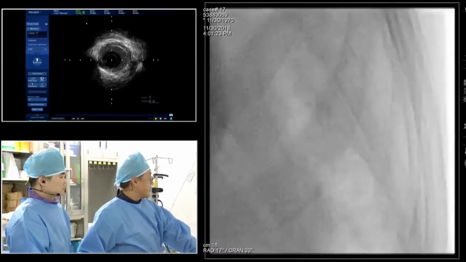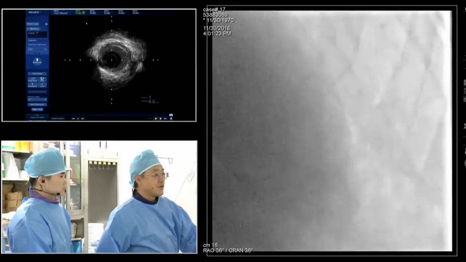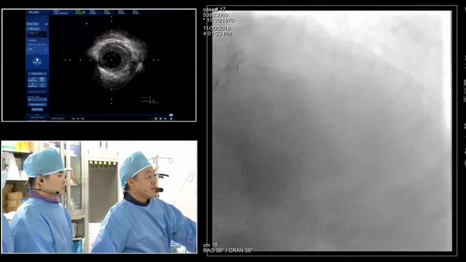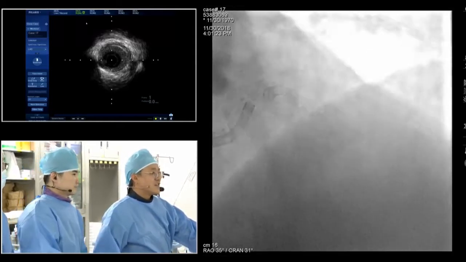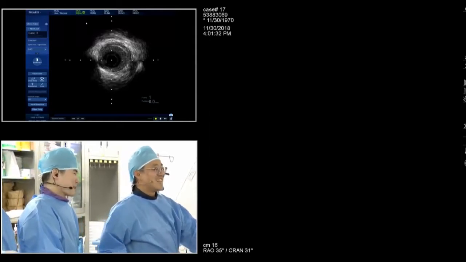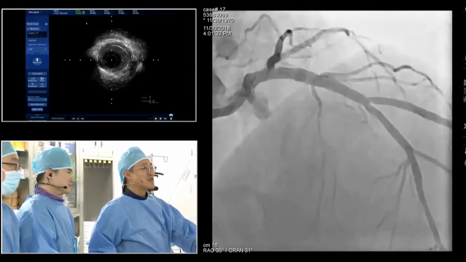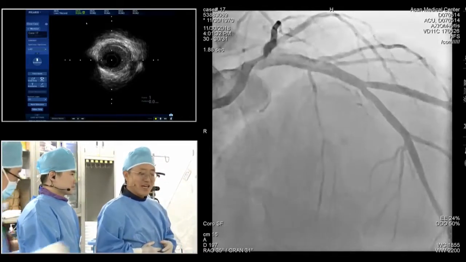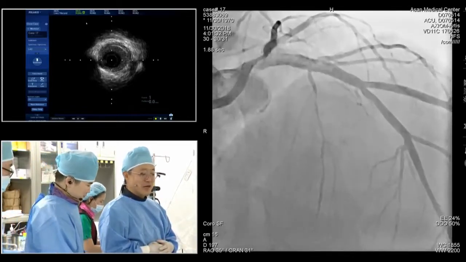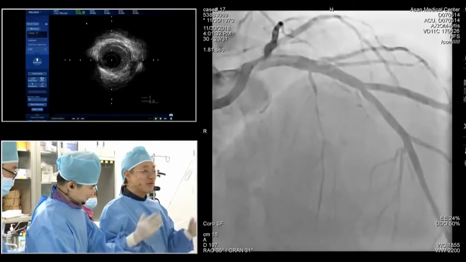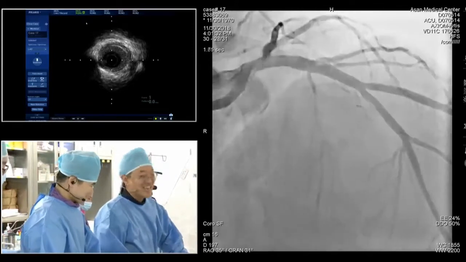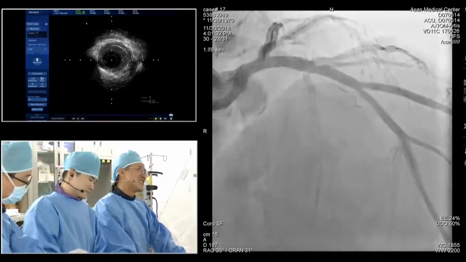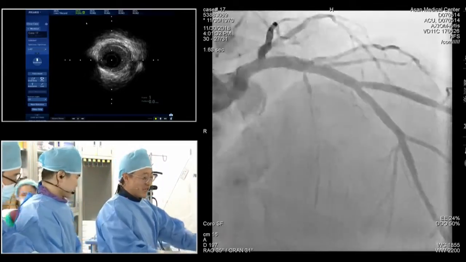Do you think that the index procedure was like this or was inferior? Have you had a chance to examine the baseline? Yeah, at the time I performed this, this is my patient. At the time, I think we checked the end of the final procedure angiogram. Looks perfect, but every time I do my best.